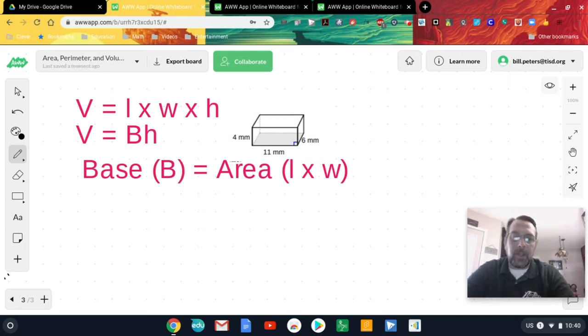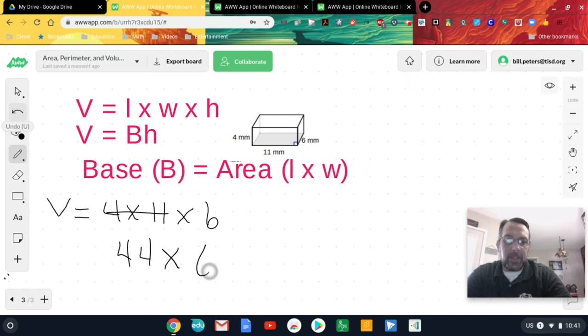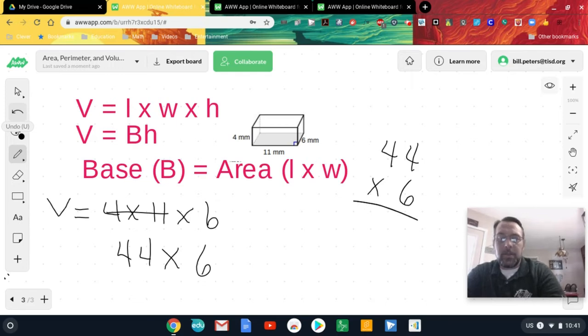The first formula for volume is 4 times 11 times 6. 4 times 11 is 44. 44 times 6: 6 times 4 is 24, carry the 2, 6 times 4 is 24, plus 2 is 26.